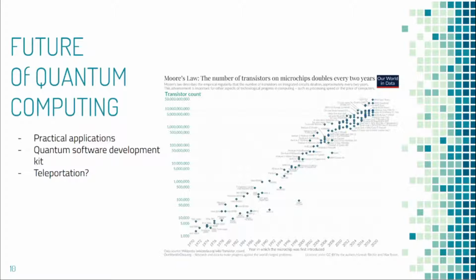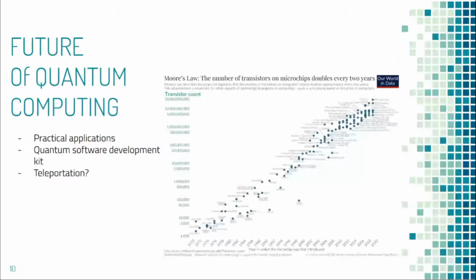Moore's law states that the number of transistors in an integrated circuit doubles roughly every 2 years, and the point of this is it reduces the size of the microchips and the size of computers. Whether or not this will apply to quantum computing is definitely debated.